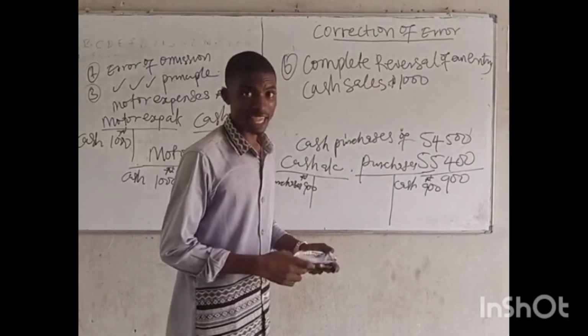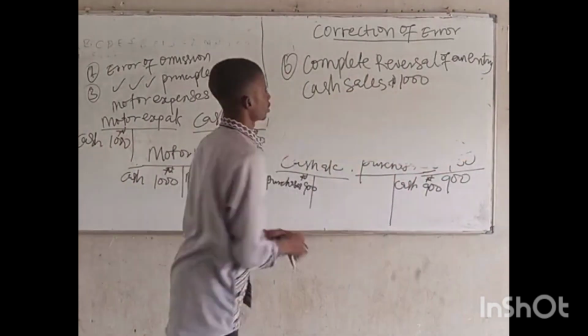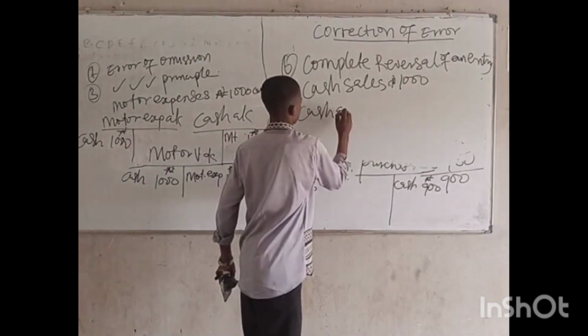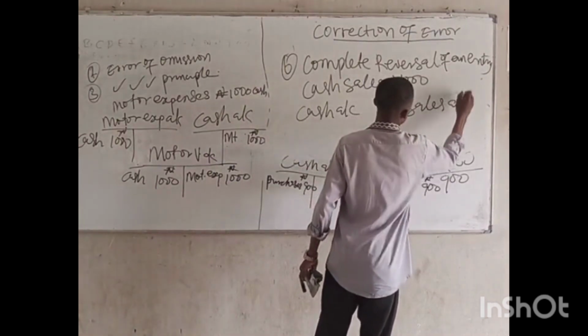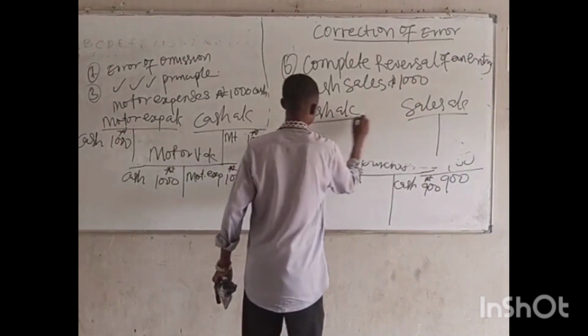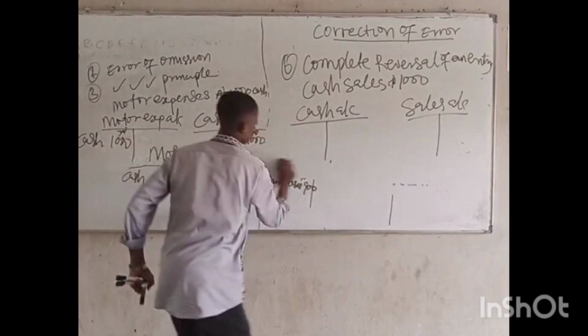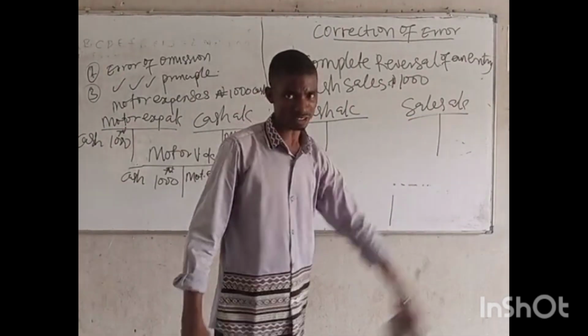The two accounts here are the cash account and the sales account.